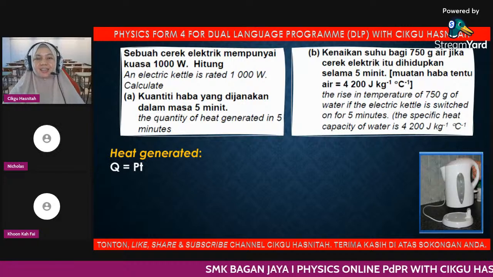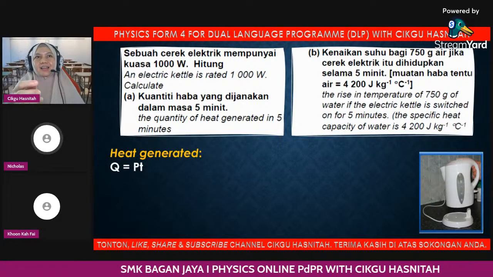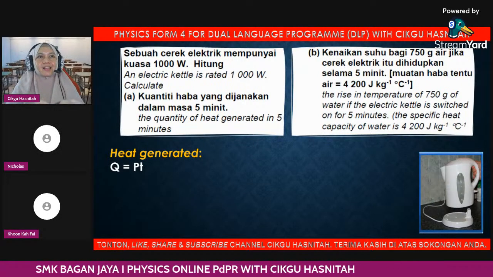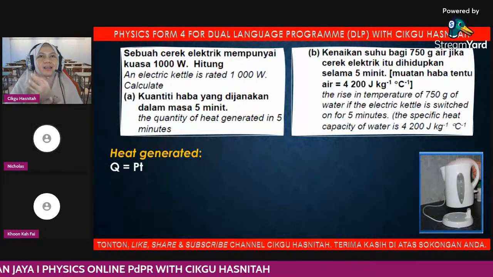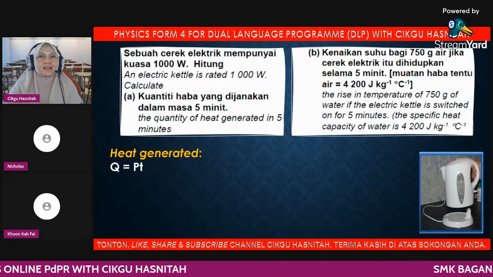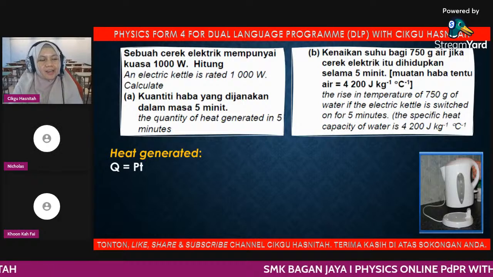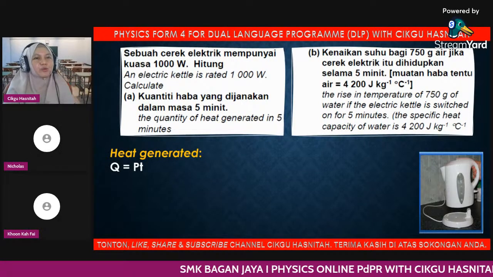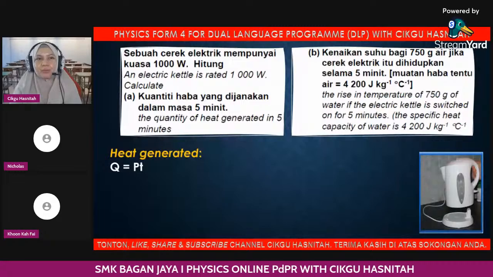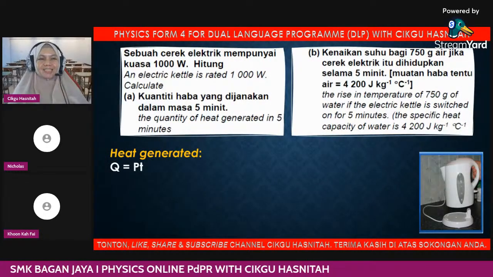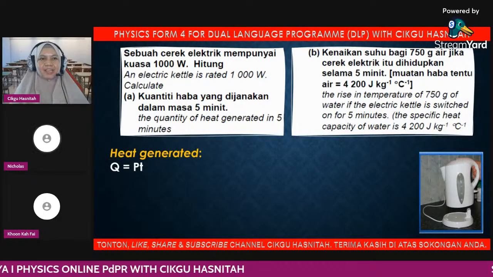If you go into more detail, actually you can calculate how many percent is converted to kinetic, to sound, to potential. But for our level, we don't go up to that extent.